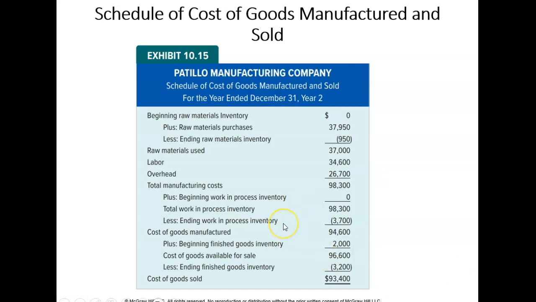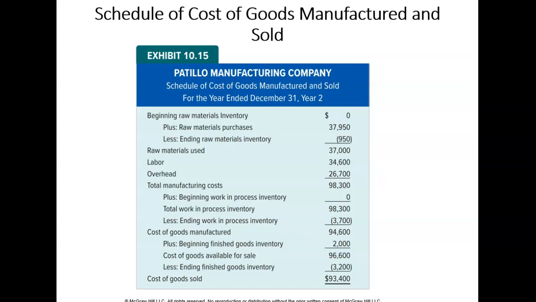Subtract out your ending work in process inventory to compute your cost of goods manufactured. So work in process was $98,300. At the end is $3,700. The difference of $94,600 represents your cost of goods manufactured. So it's the total cost of the goods that we manufactured during year two.